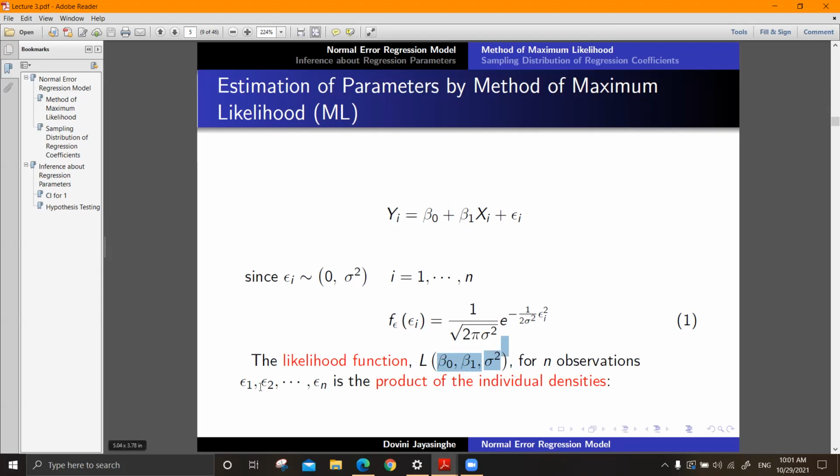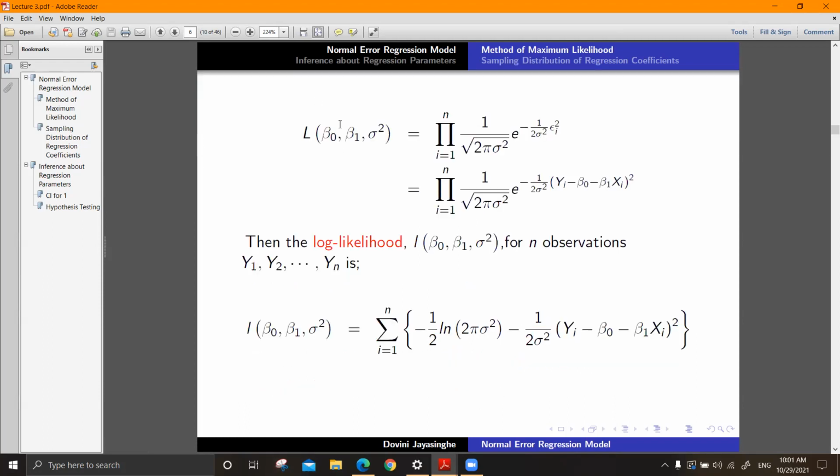For n observations, so let's say we have n data readings, we have n number of errors, the fitted value and the gap between the fitted value and the actual value. So we have n number of errors, right? So we have to get the product. So this is the definition of maximum likelihood estimation.